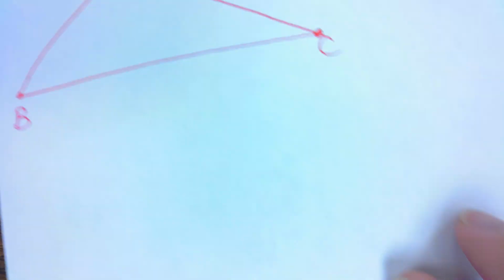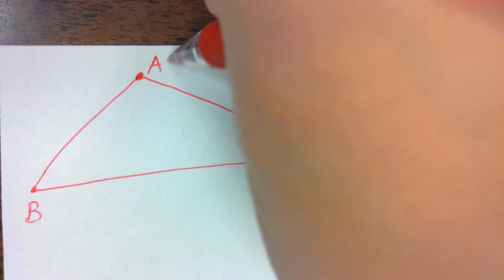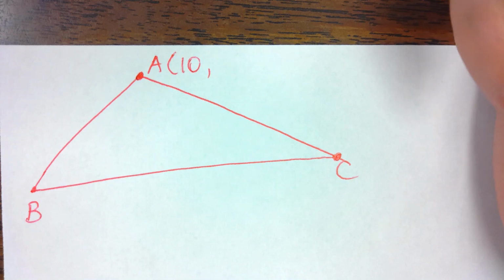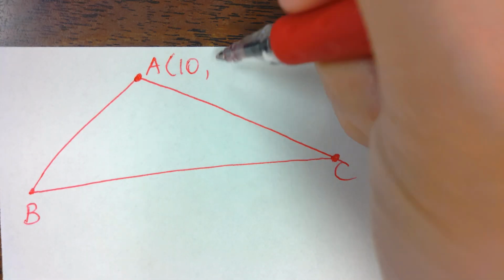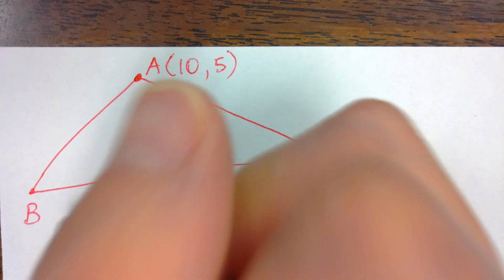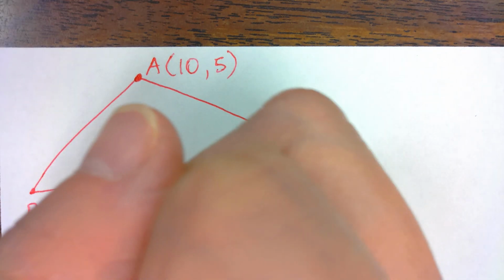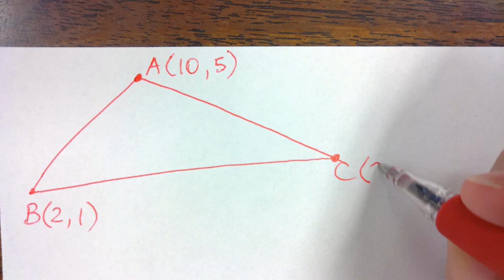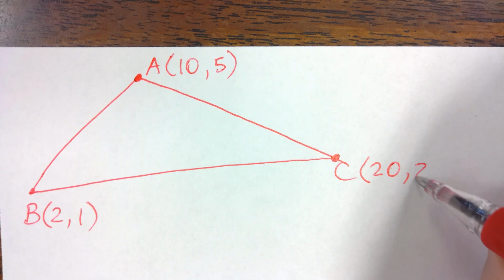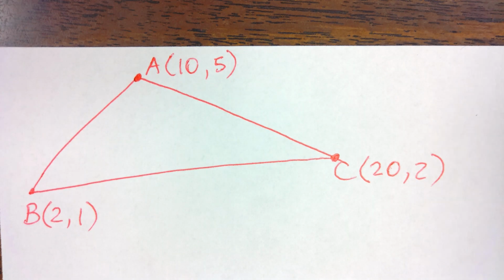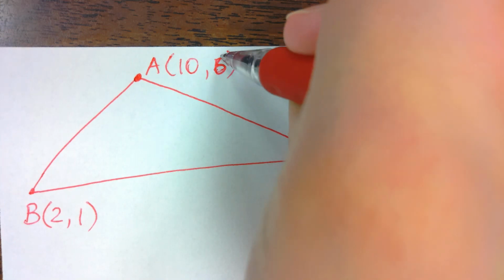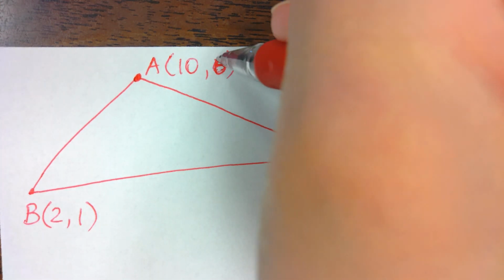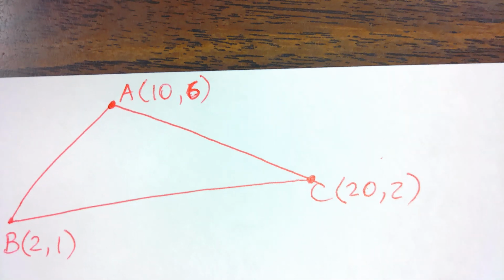So let's say A, B, and C. I'm just making up these numbers. It may be horrible. A is 10 and 5. B, I'll say is 2 and 1. And then C, I'll say is 20 and 2. Actually, let's make A 10 and 6. Deal with it.